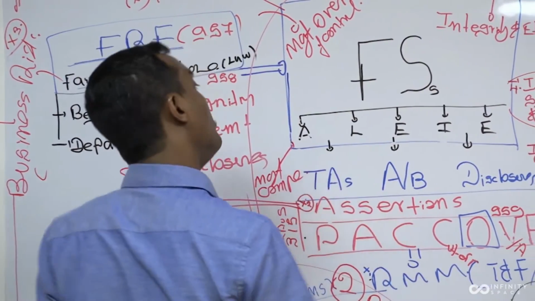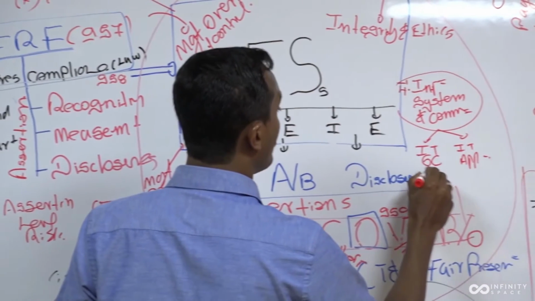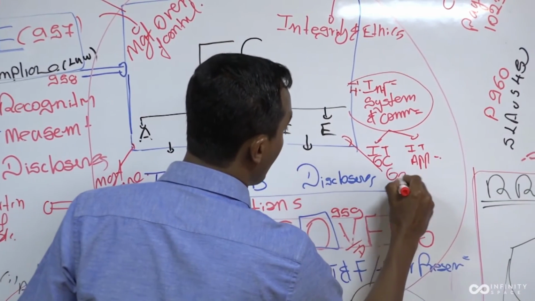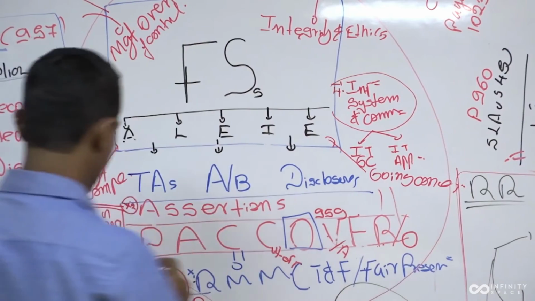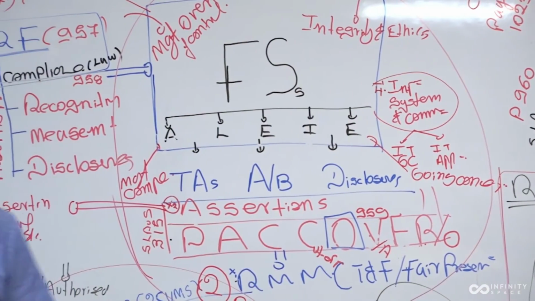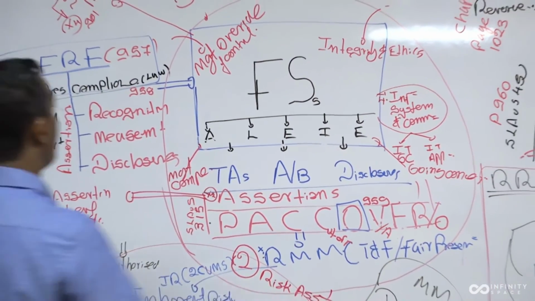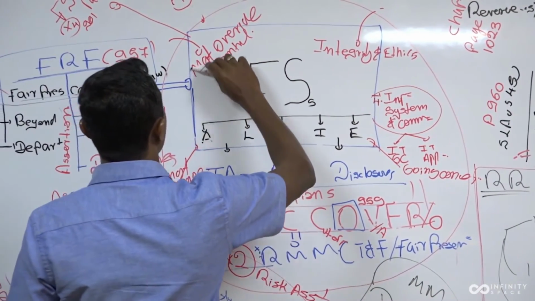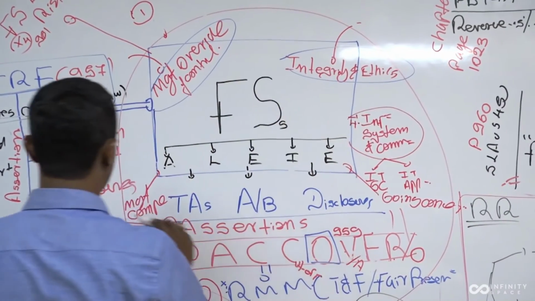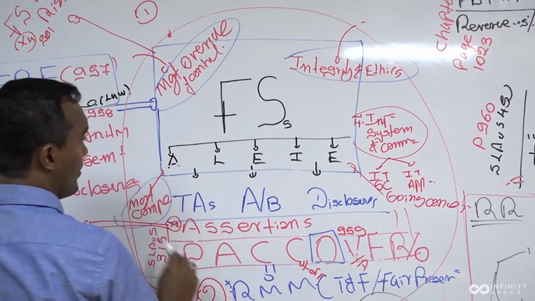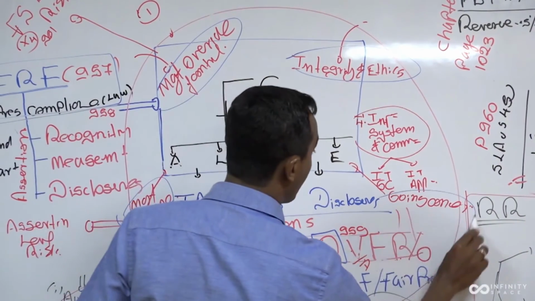And another big thing where accounts can be affected overall is going concern. Now I have 4 examples here. I will circle this in a different color so that you will make note of management override of control, integrity and ethics, management competence, and, if you haven't written, I am reading that again, going concern.